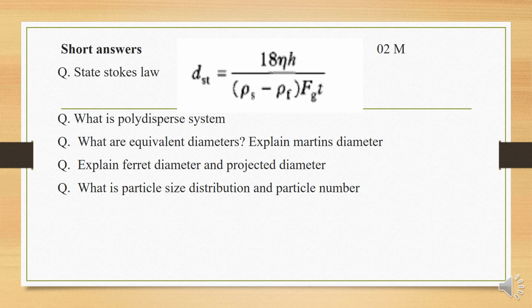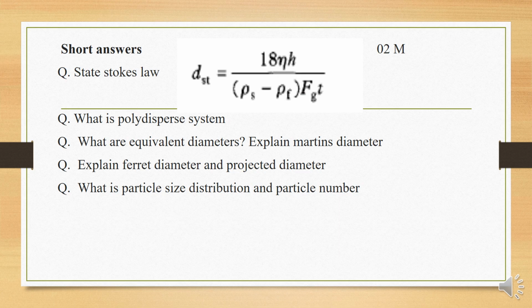particle image, that is the Martin diameter. In case of projected area diameter, we are taking the diameter of the circle with the same area as that of a spherical particle. Whereas in case of Feret diameter, we are considering the distance between two tangents on opposite sides of the particle parallel to some fixed direction.